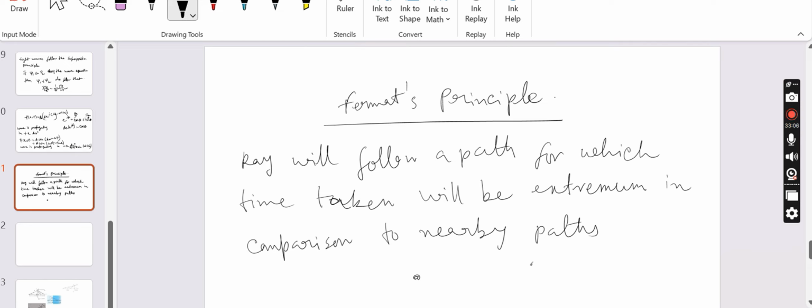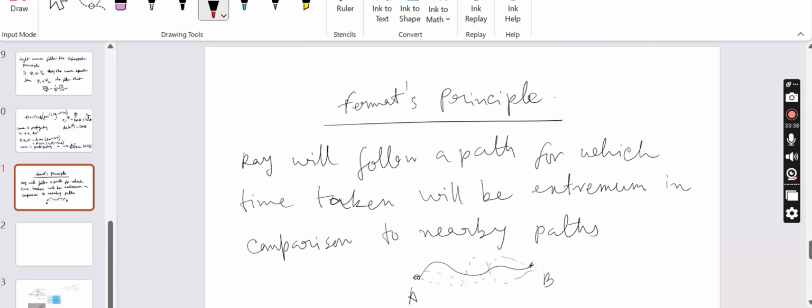So if a ray wants to go from A to B, it can follow different kinds of paths, actually an infinite number of paths, but it will take that path for which the time will be extremum. Extremum means either minimum or maximum.